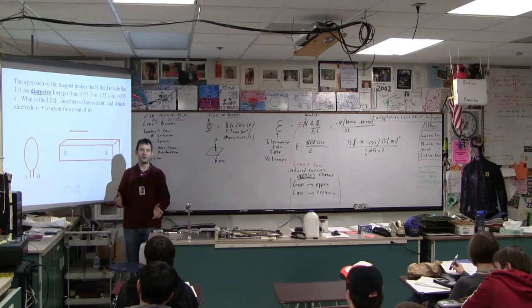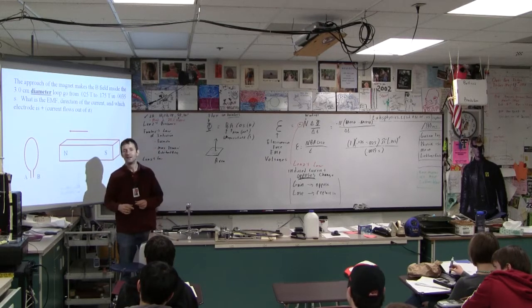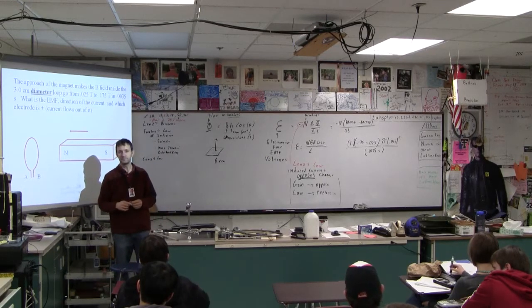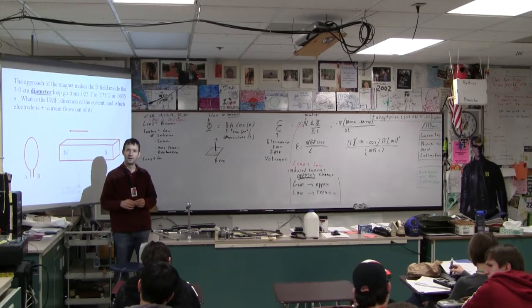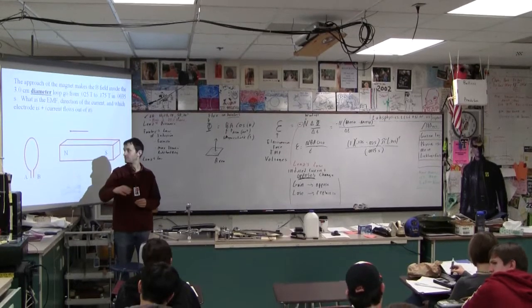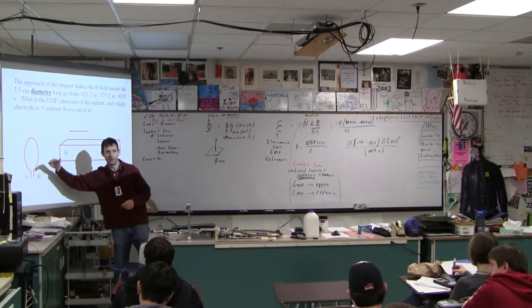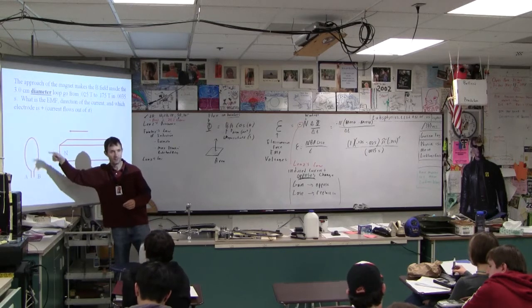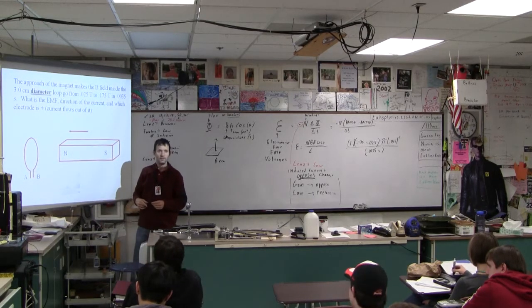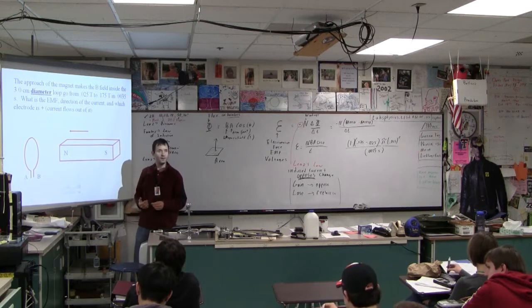People lose friendships over that argument. As long as it's moving, current flows; as soon as it stops, current stops. And how do we know it's positive? Because current comes out of the positive one. So if it's going anti-clockwise, it's going out of this one and into this one. Current flows out of positive to negative.